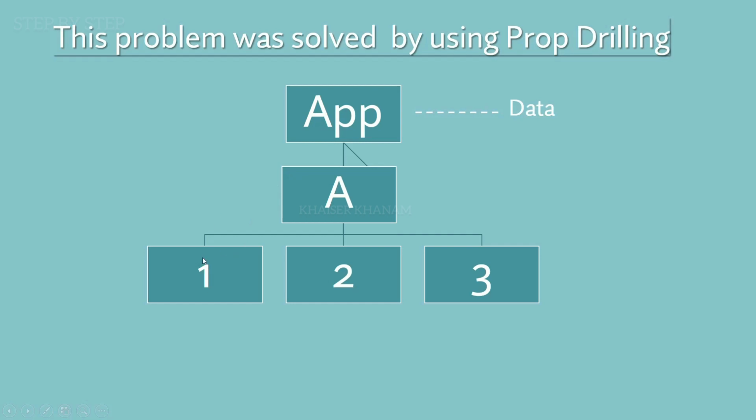Suppose I want data inside component 1. Their parent is A. So first app will send the data to component A. Then from component A as a prop, I will get the data in component 1.